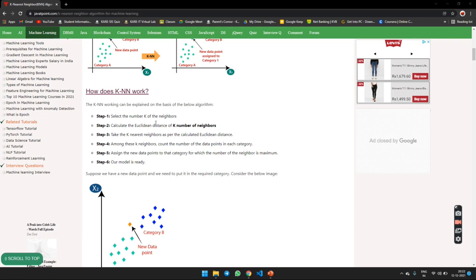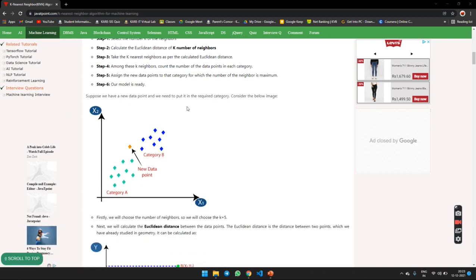Third, take the K nearest neighbors as per the calculated distance. Fourth, among these K neighbors, count the number of data points in each category. Fifth step: assign the new data point to the category for which the number of neighbors is maximum. Sixth step: our model is ready. That's all.